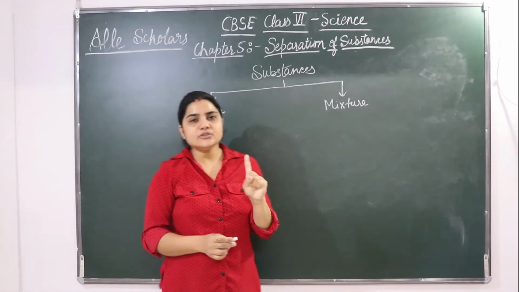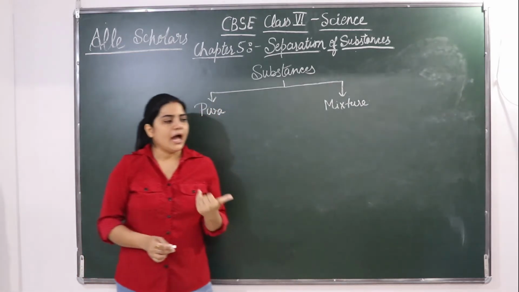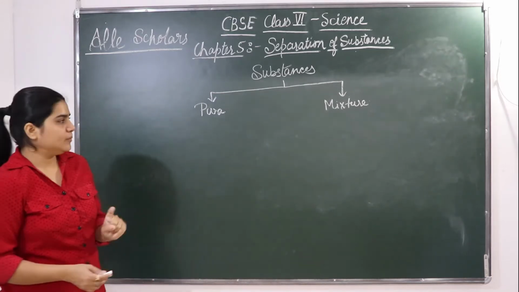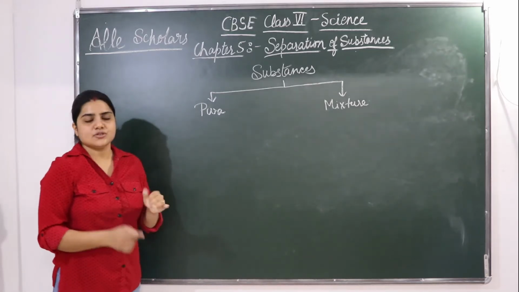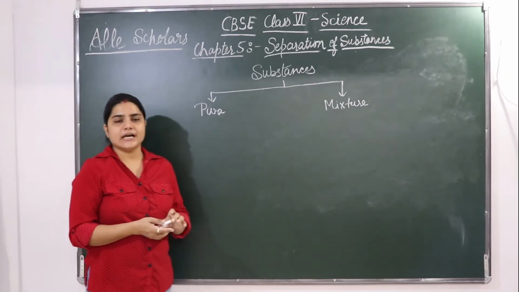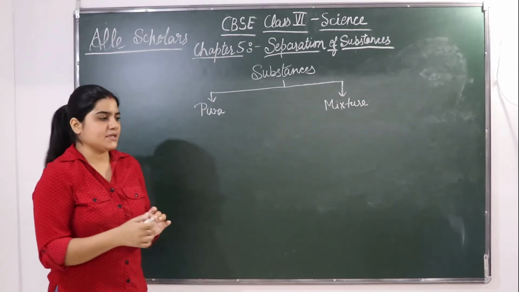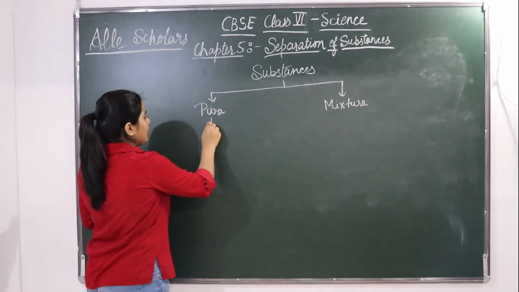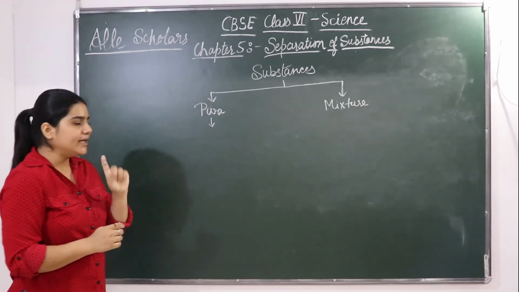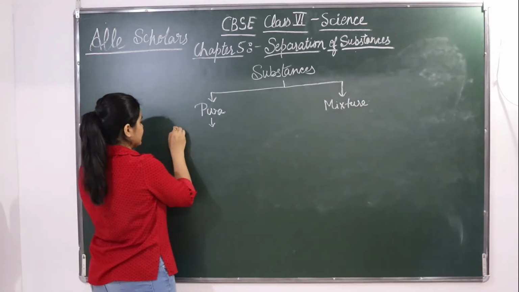Substances that contain only one type of particles, constituent particles of only one type. That is a pure substance. So all the elements and compounds that we are going to study in higher classes are pure substances. So pure substances are substances that contain one type of constituent particles.